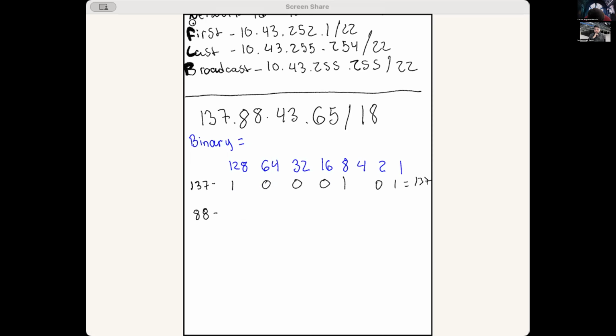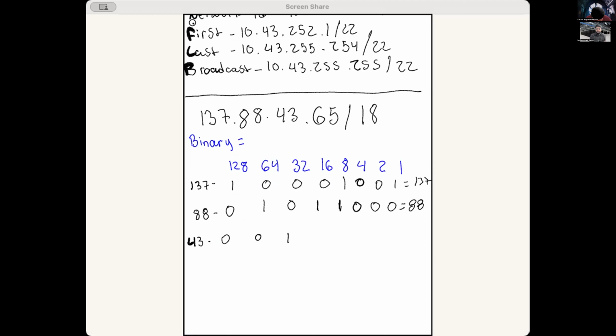Then we'll do 0, 0, 0 equals 88, because we got 24 plus 64. Then we'll do the 43, which is 0, 0, 1, and then we just need 11 more to go.